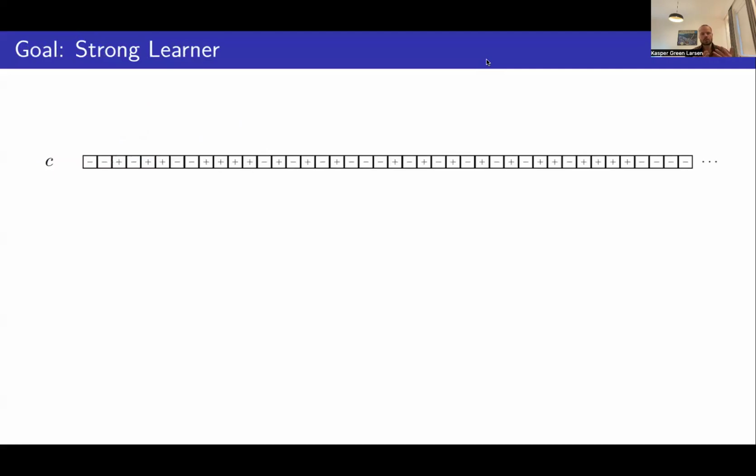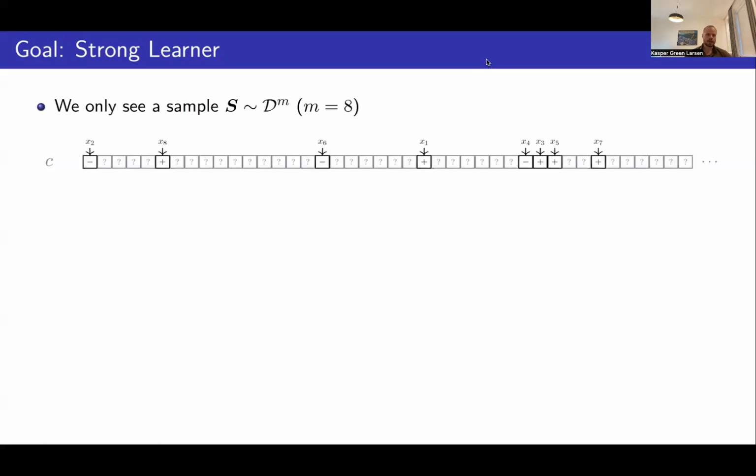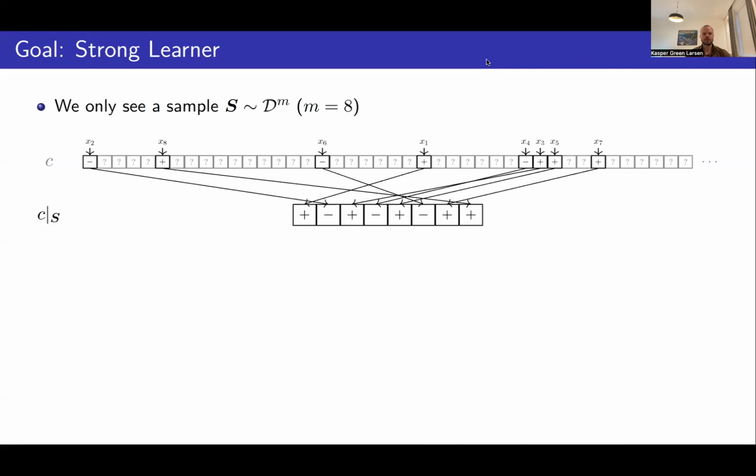The goal is to construct a so-called strong learner. Our concept assigns labels to the entire input domain, but we don't know what they are, and we'd like to try and learn this concept C. What we have available is training data: M training data points, where each data point is sampled independently from some unknown data distribution D. We might get 8 examples from this input domain, and then we see the target concept's assignment of labels to these data points.